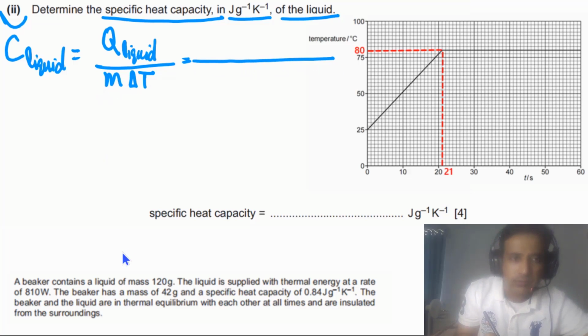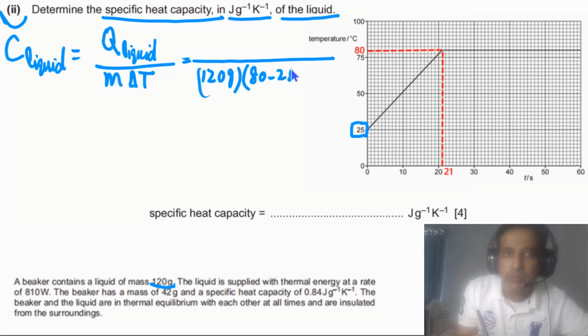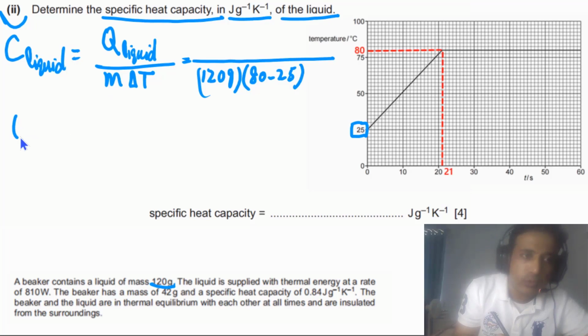The mass of the liquid we have: the beaker contains liquid of mass 120 grams. The rising temperature is from 25 to 80, so we write 80 minus 25.